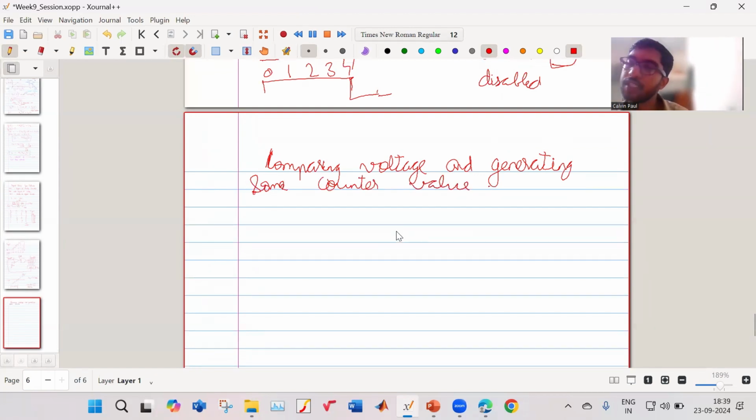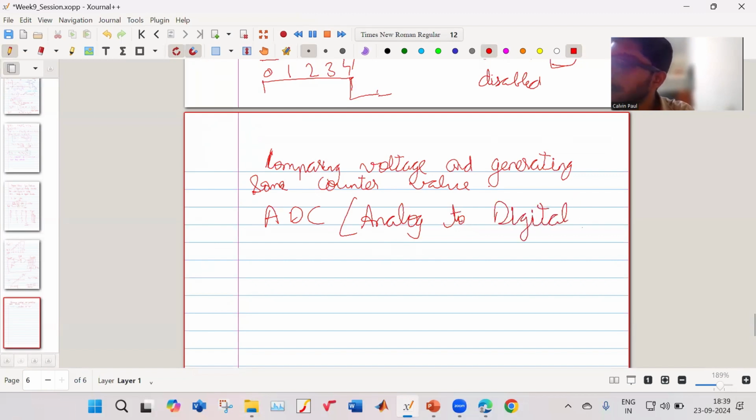Your counter value is always some integer, some discrete value. So basically you are actually working as an ADC. You're converting an analog value to a digital value. It is a crude way of doing it, but it is one way. So basically, it is an analog to digital converter.